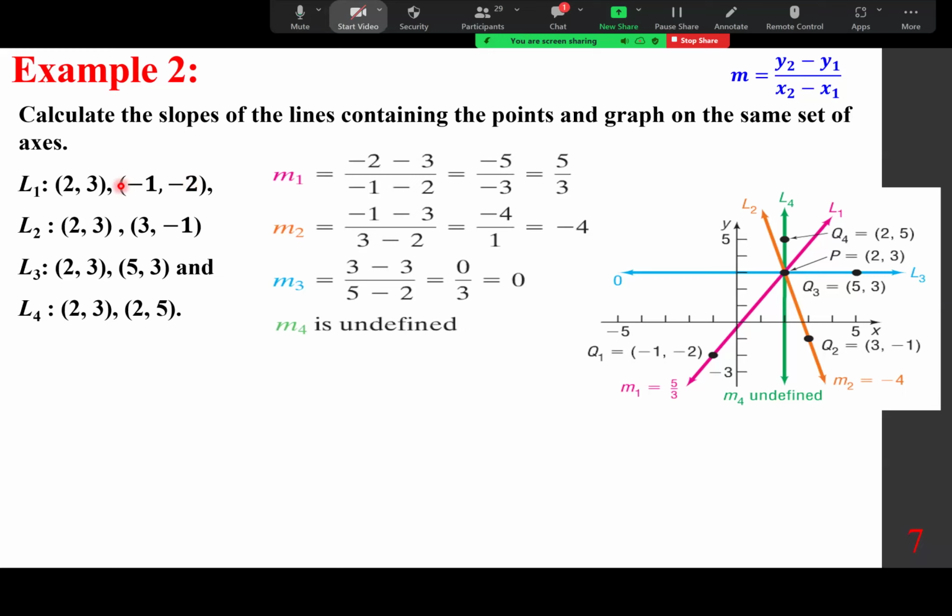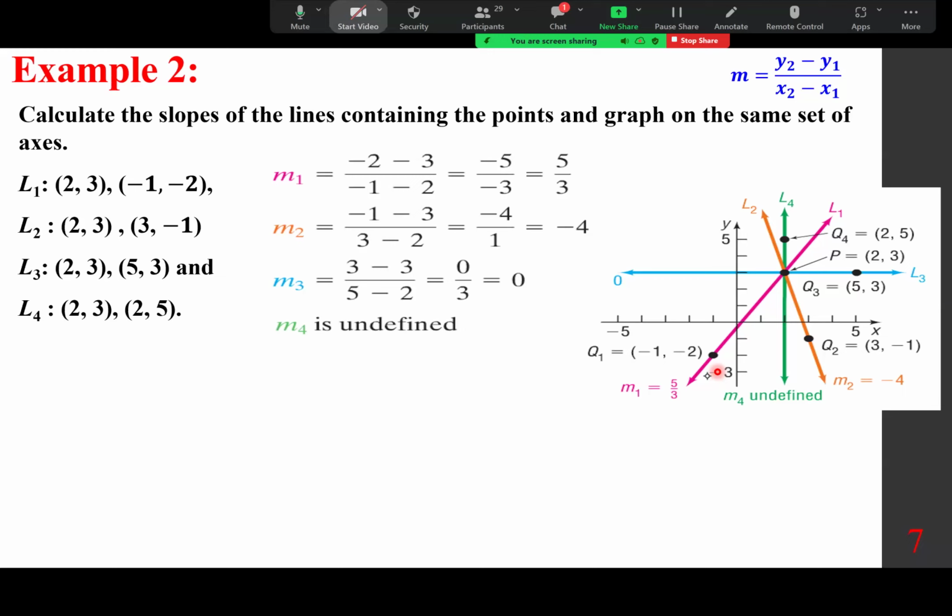For the sake of argument, if we look at the very first one only, we have the pair (2, 3) and we have the pair (-1, -2), just connect them. And that's the first line, L1, and you're done. It's that simple, everybody. Right? Makes sense? Same thing for the rest of it.